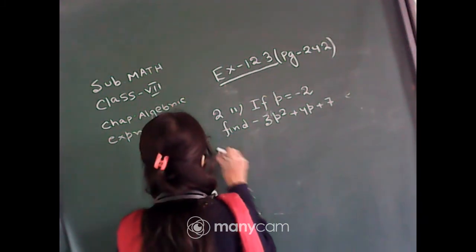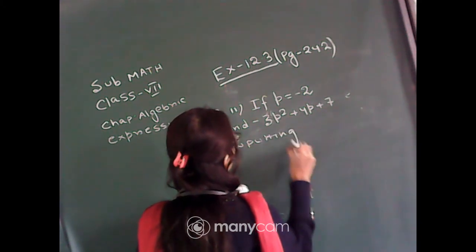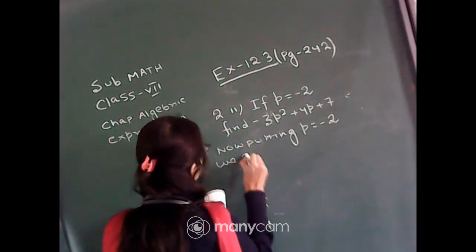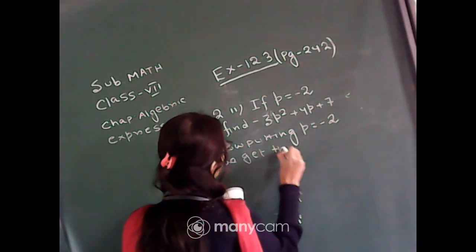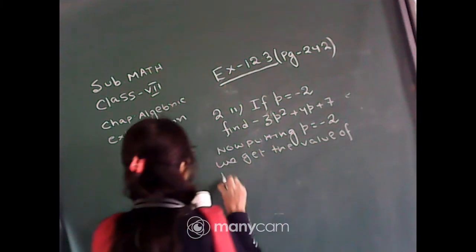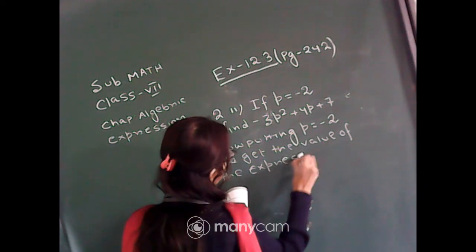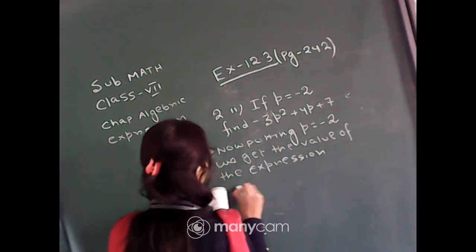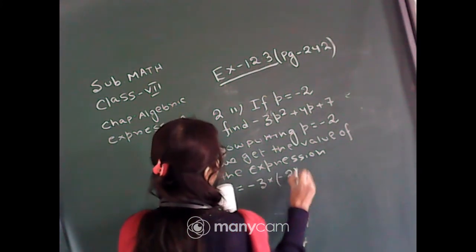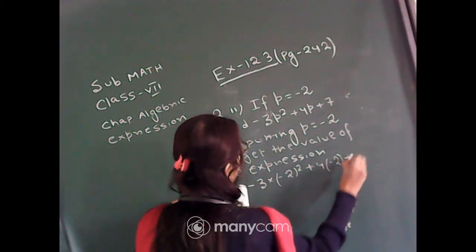Now putting p is equal to minus 2, we get the value of the expression is equal to minus 3 into minus 2 square plus 4 into minus 2 plus 7.